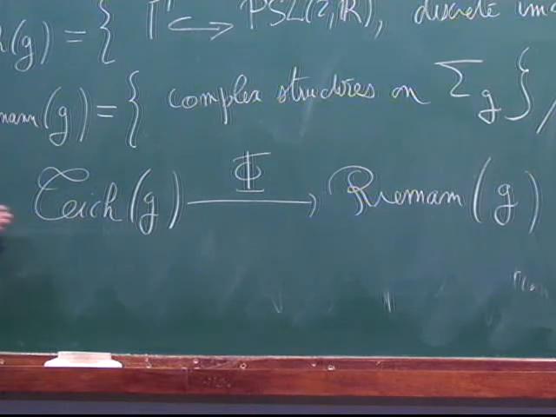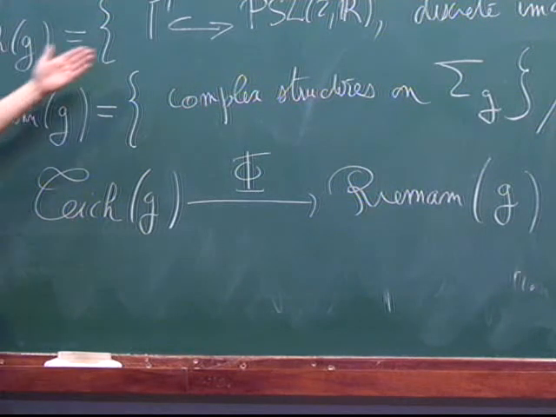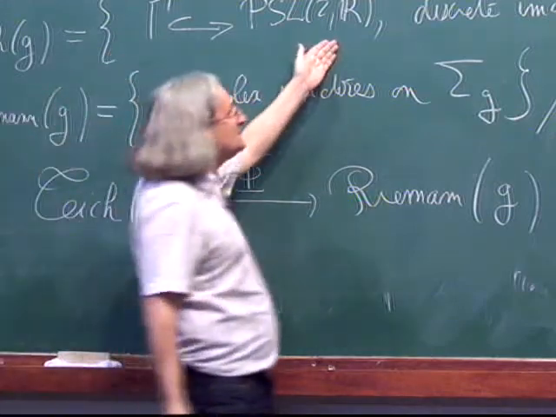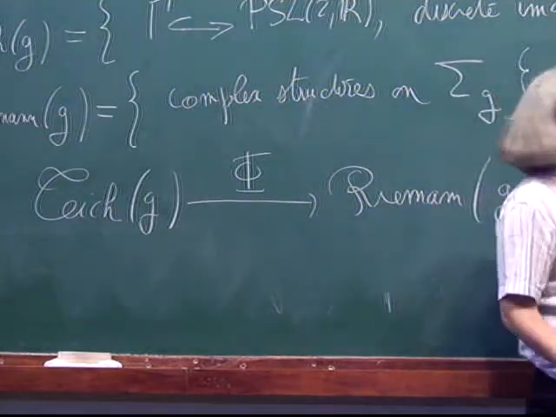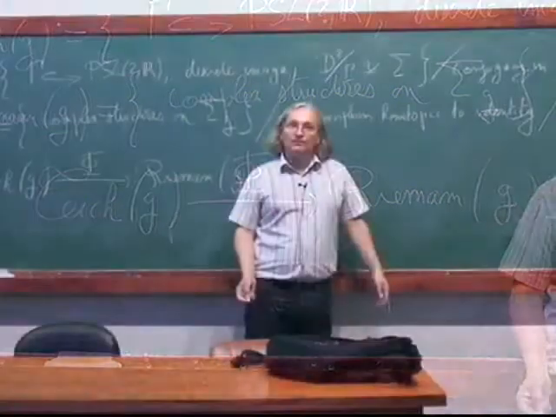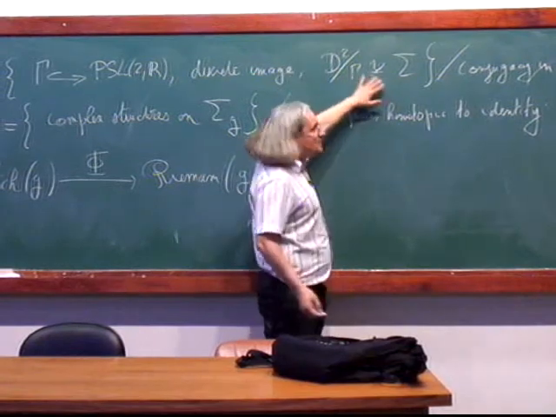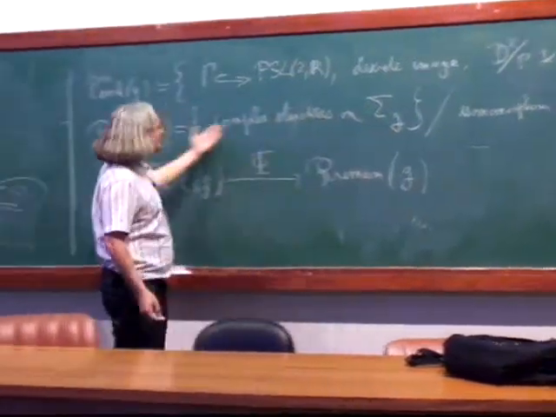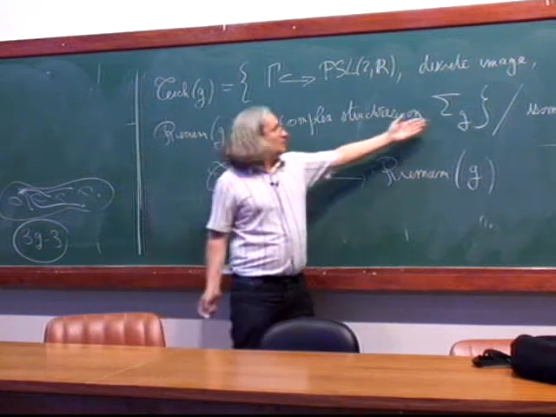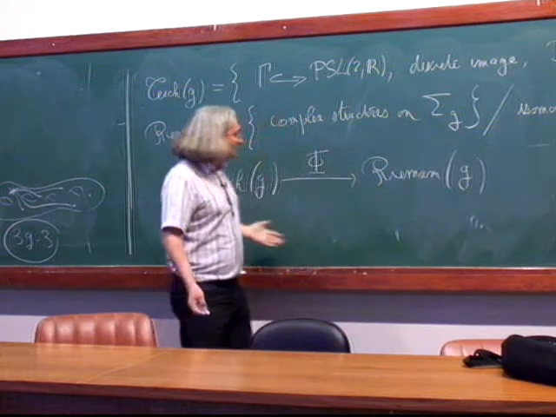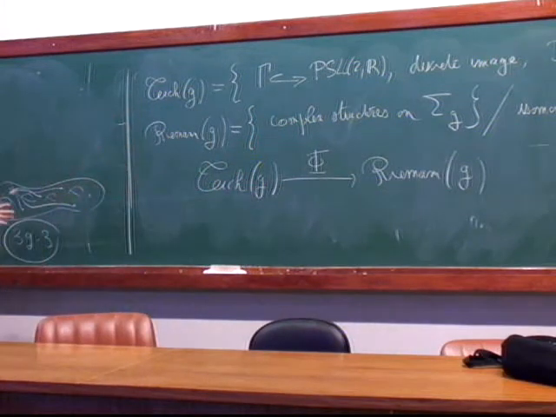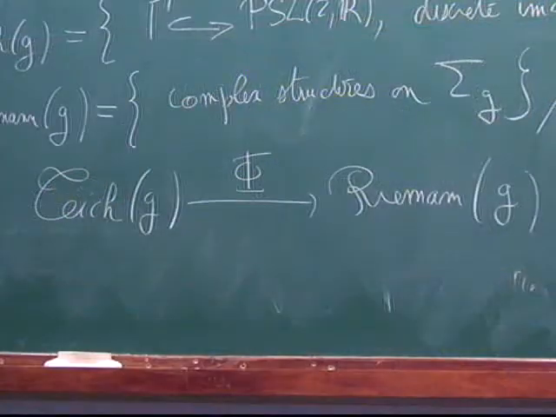You take a group acting on the disk, and the quotient is the surface, a Riemann surface. So any object here gives you canonically a complex structure on the surface. So this map is completely canonical. It just associates to each group the corresponding Riemann surface.